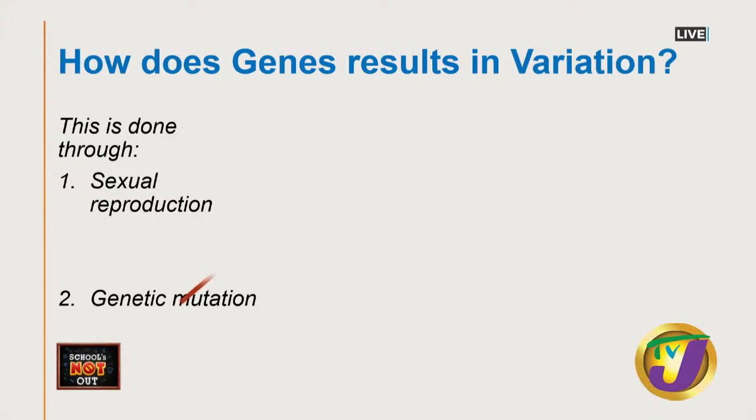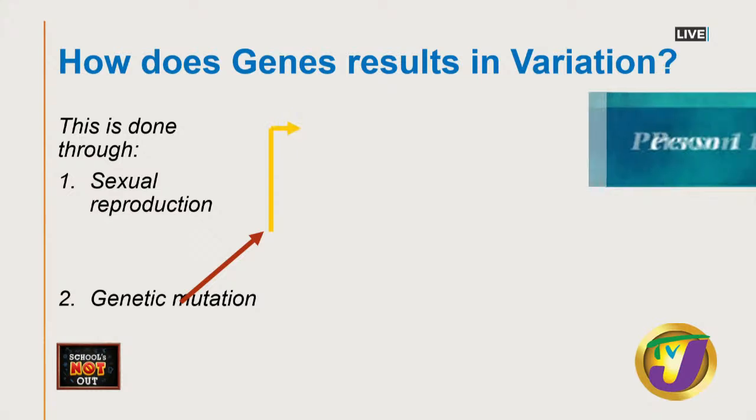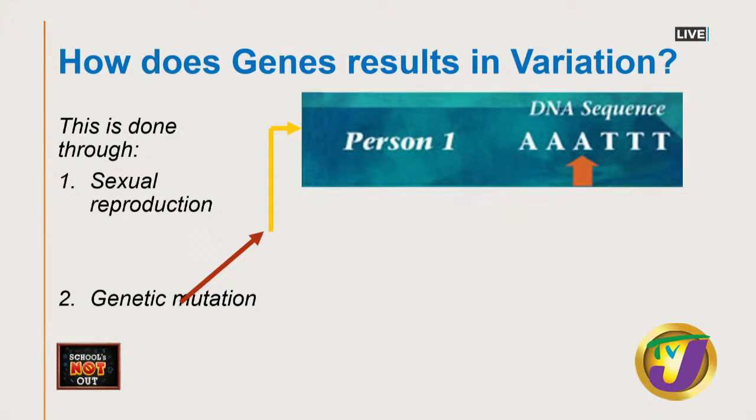Now, for the human genome, what we find is that on average, each person will share a somewhat similar sequence. So, remember from our previous lesson, we said that there's an A, a T, a C, and a G, and these are our bases. Now, A is always bonded with a T and C is bonded with a G. If we were to say what it is, adenine is bonded with thymine and cytosine with guanine.